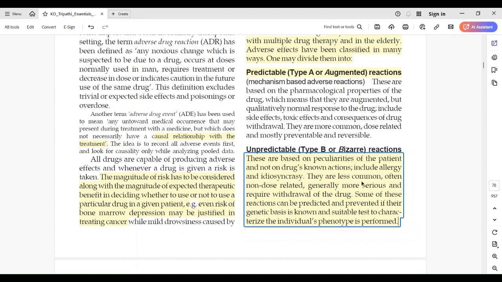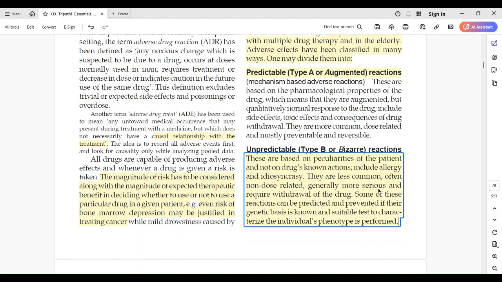They are less common, often non-dose related. As I said, they occur in only a few percentage of patients, and non-dose related means it is not related to the dose of the drug.